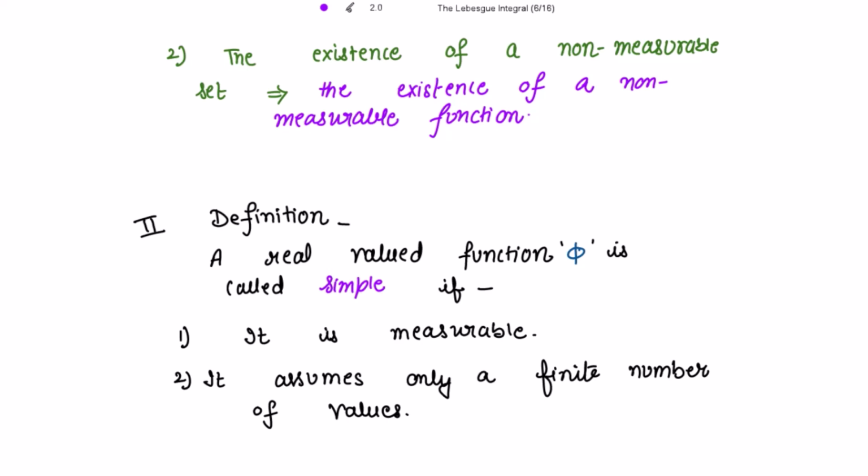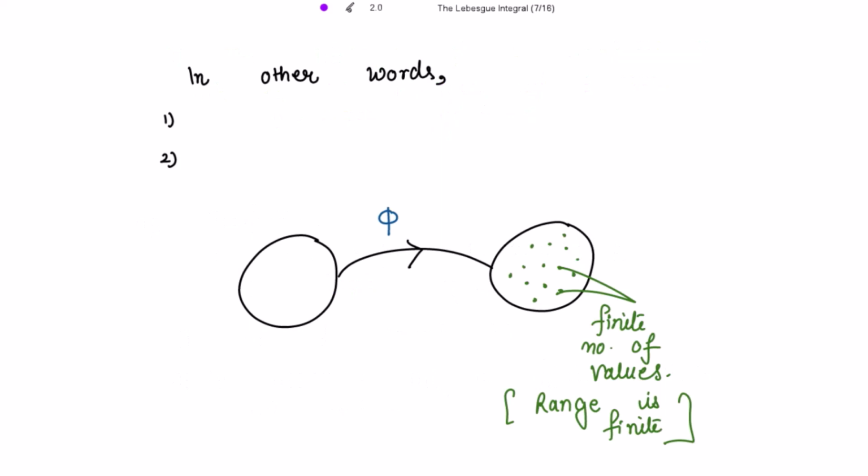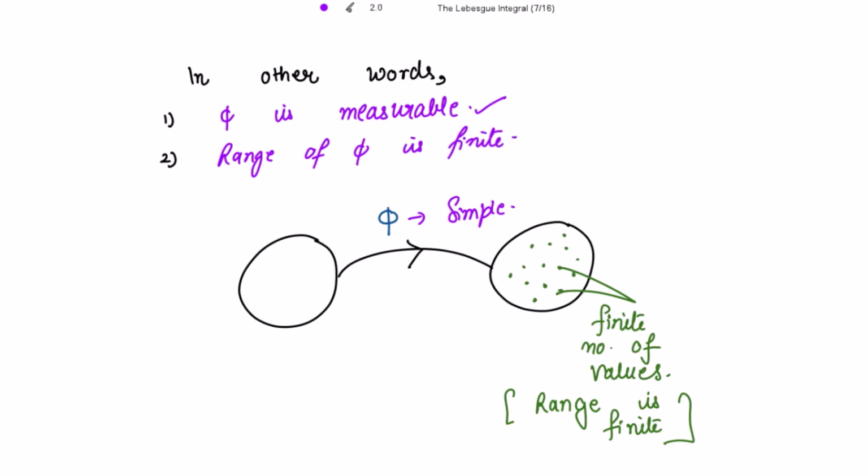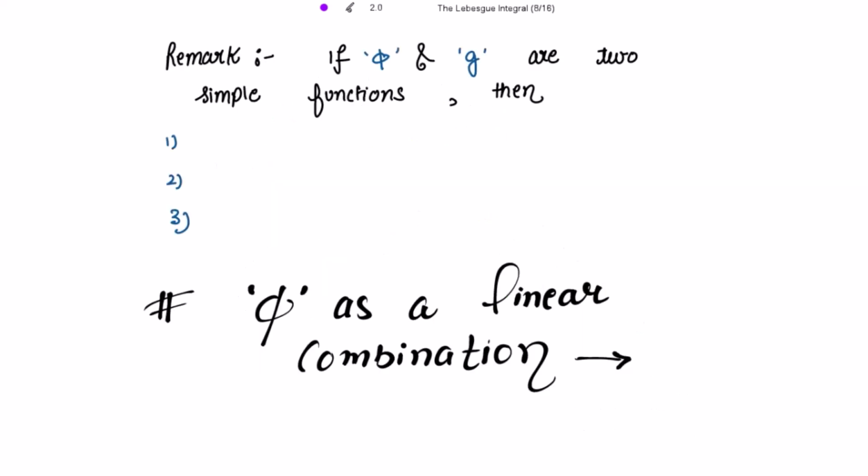We can also say this in other words, that phi is simple if, number 1, phi is measurable, and number 2, the range of phi is finite. Very fine.